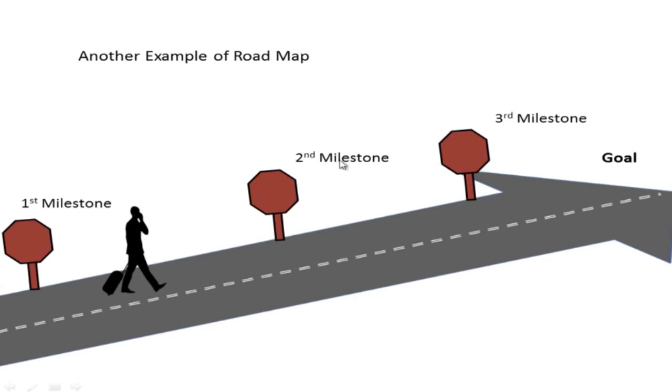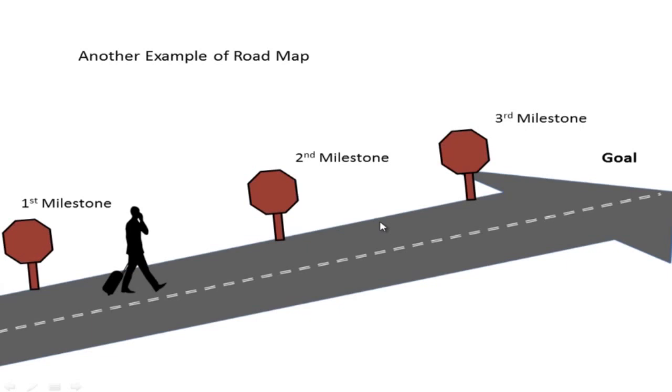You can also change the location of the person, placing him here if you want, showing he is proceeding towards the goal. And you can add multiple milestones accordingly. So this is one example to show the data in an effective way: these are the three targets we have already achieved and this is the final goal or outcome.